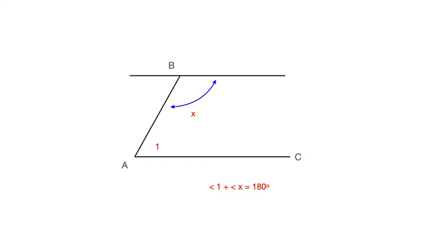Now we can go back and complete our proof. Because we've drawn a line through B that is parallel to AC, we know that angle 1 plus angle x equals 180 degrees, based on the parallel postulate. So let's put that little fact, that equality, in a black box over here on the right.